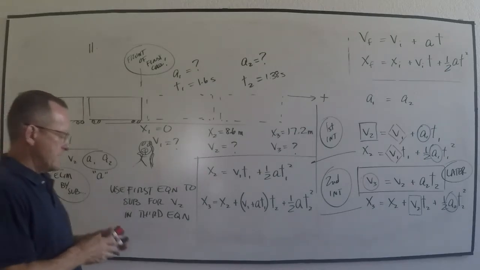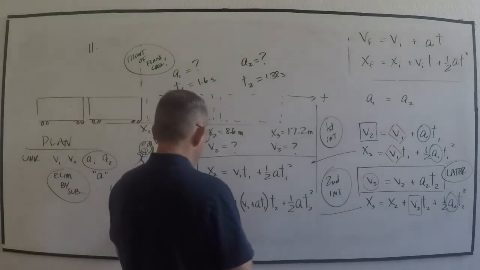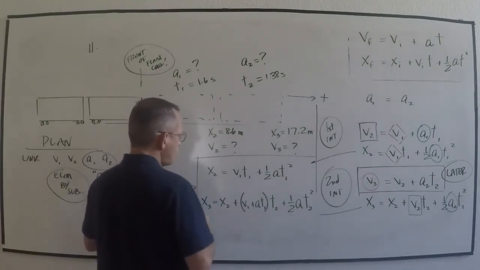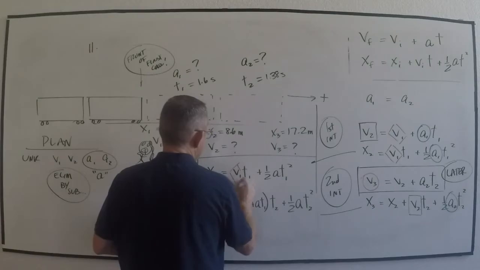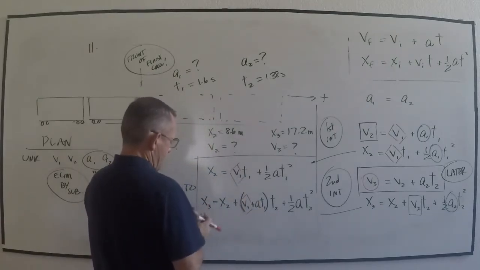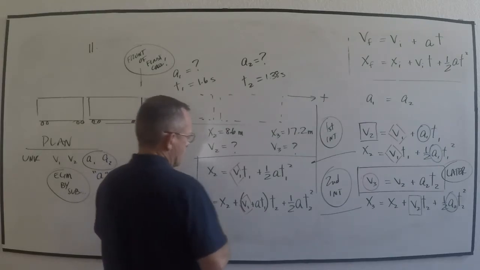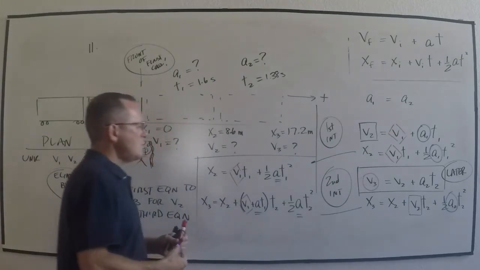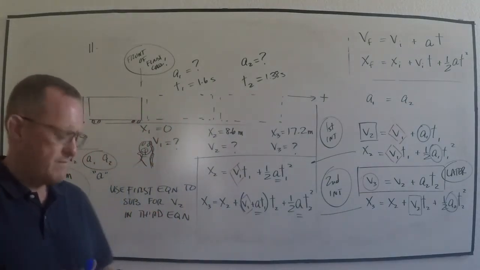Now, what's your next step? v1 is right here, and it's right here. A is here, here, here. We want to eliminate V1.